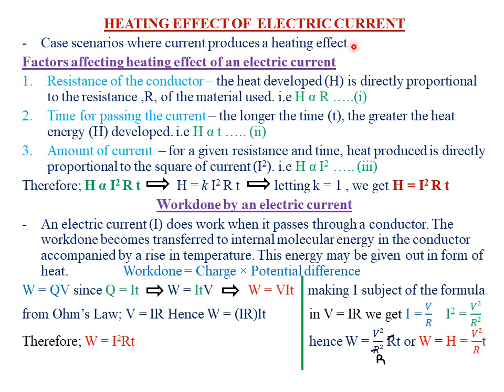Our first case scenario is in an electric bulb, whereby it is observed that whenever an electric bulb is connected in an electrical circuit with the supply of current, that particular bulb feels somehow hot. That is when the switch is closed, or when the current is flowing through the circuit.